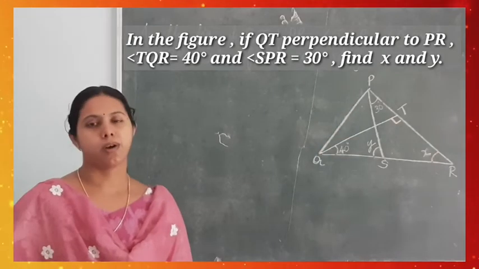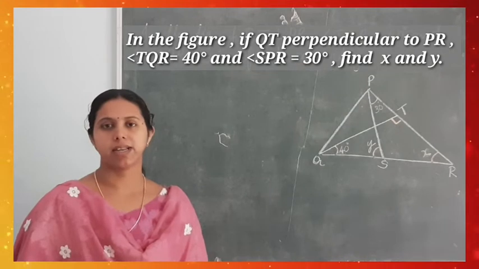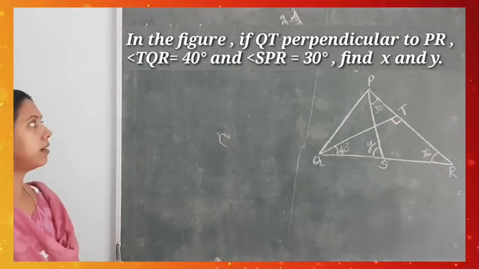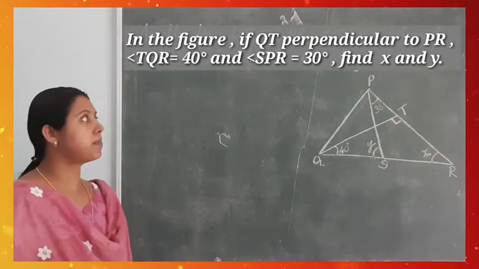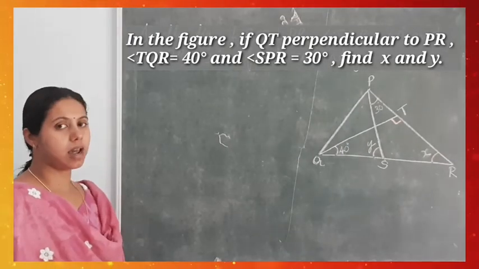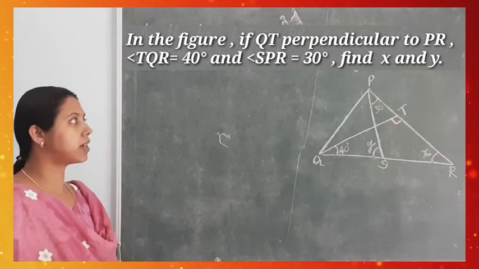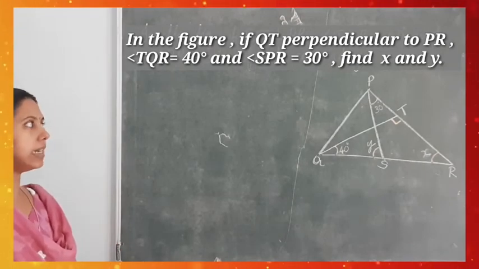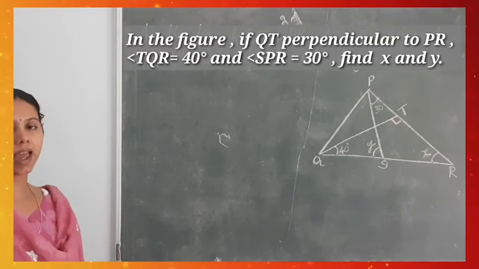Let us do some problems using theorem 6.7 and 6.8. The first question is: in the figure, if QT is perpendicular to PR and angle TQR is equal to 40 degrees and angle SPR is equal to 30 degrees, find x and y.